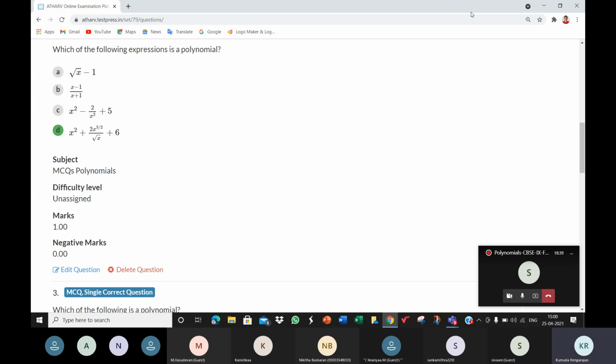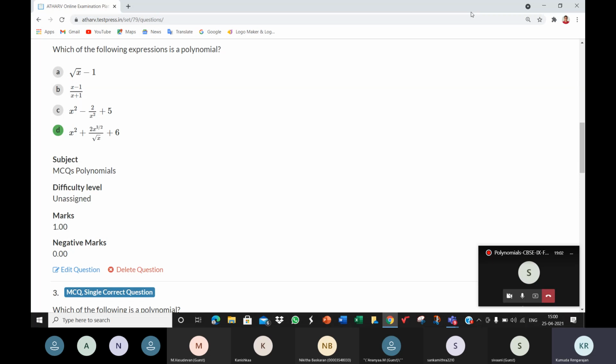So why did we ignore the first one? Because in option A, the power of x is 1 by 2. We are concerned about the power of the variables involved in the expression. The powers of the variables must be whole numbers only. So in option A, the power of x is 1 by 2, not a whole number, so not a polynomial.